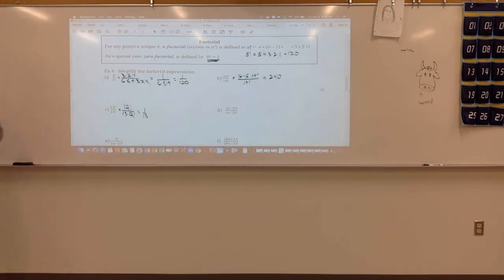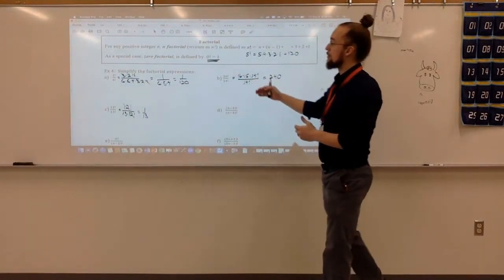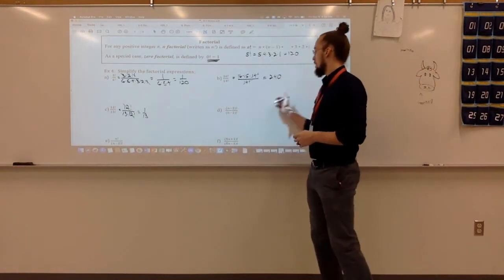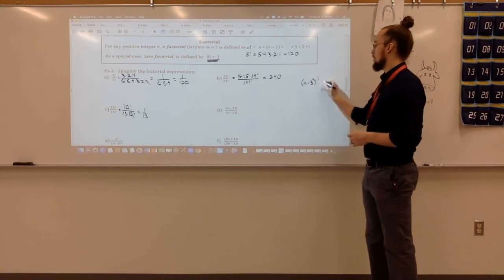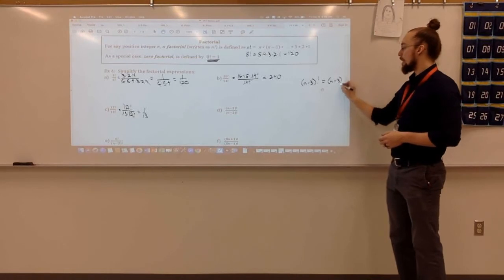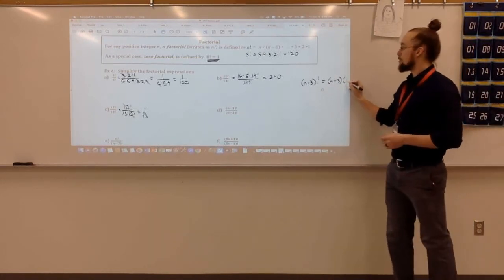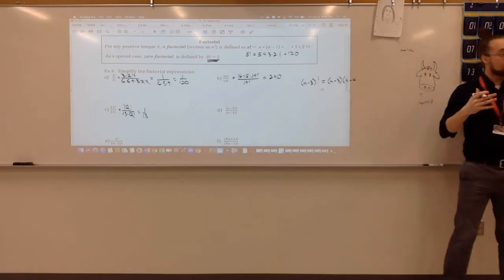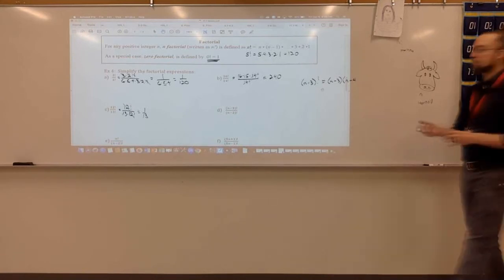So for D here, I still want to use my definition of a factorial, right? So if I want to think about n minus 3 factorial and writing that out, well, my first number would be n minus 3. The second would be n minus 4. We want to subtract 1 from that number.